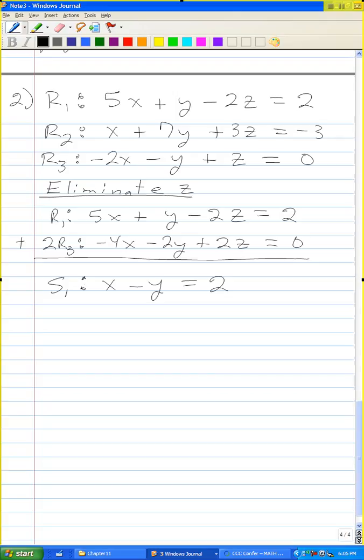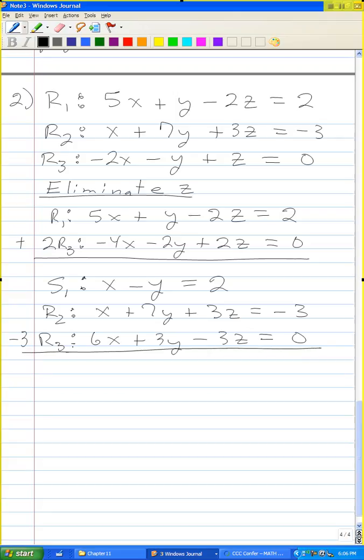So I have eliminated z using the first and third equation. I never used the second equation. So I must keep going on to eliminate z using the second equation. So let's write the second equation, R2, x plus 7y plus 3z equals negative 3. Multiply the third equation by negative 3, 6x plus 3y minus 3z equals 0.